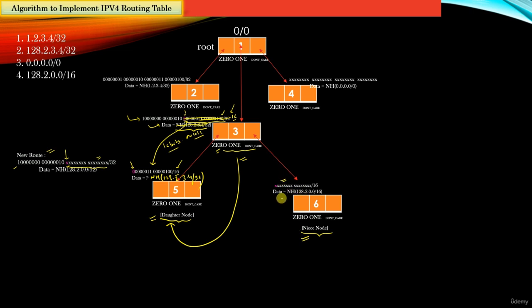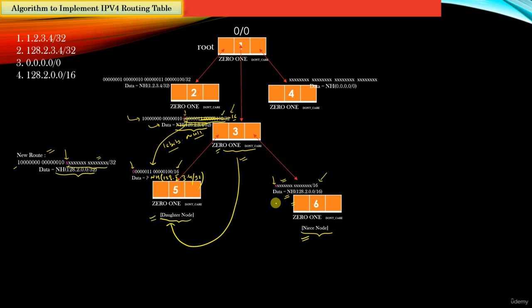And here, since we are copying 16 bits, the prefix length of the niece node is 16. And obviously the data part of the new route will be copied as the data part of this niece node. And since the niece node is a new node, all of its children point to null. And why is this niece node made a don't care child of its parent? Because the first bit of this niece node is a don't care. So this is the procedure of splitting a node.